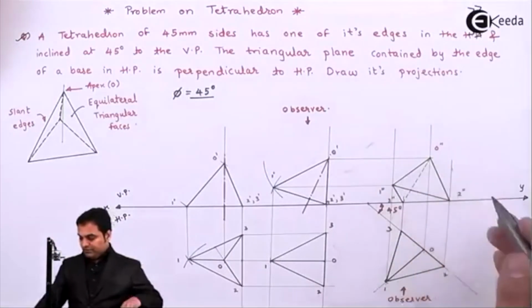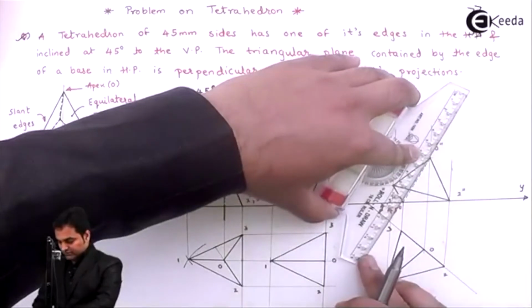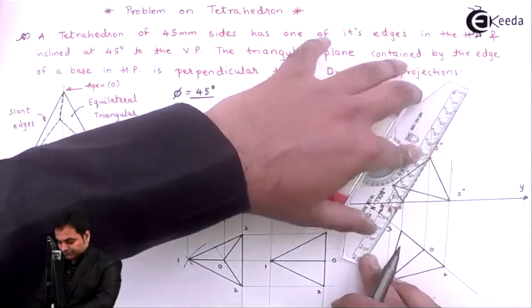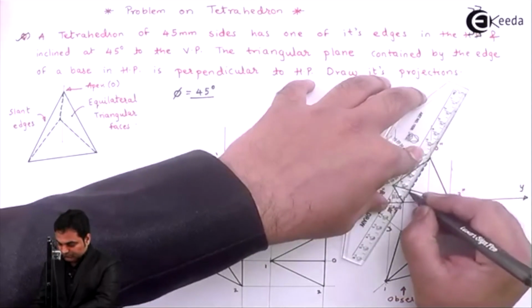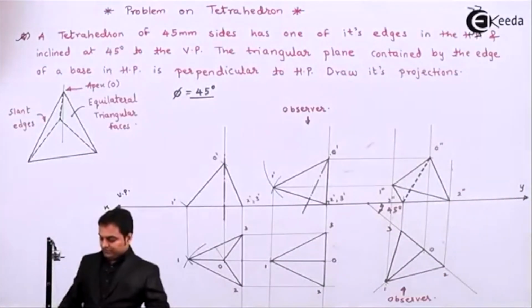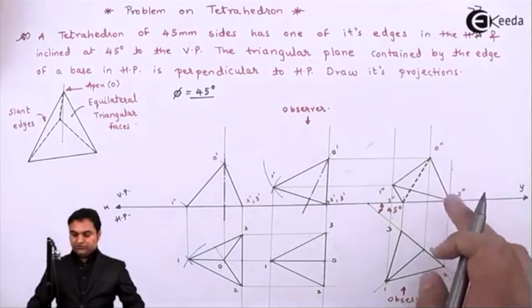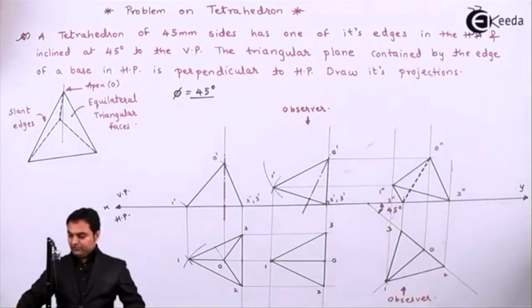Next, 3 double dash will be connected to O double dash with the help of a dotted line, as point 3 is behind the tetrahedron from the observer. So this is the tetrahedron which we are seeing in the front view.